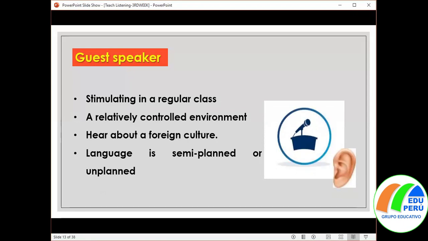And it could be a relatively controlled environment. The teacher could control that. Maybe first he talks with his guest, and they discuss what they are going to talk about. That's why it's a relatively controlled environment. Students have the opportunity to hear about foreign culture, and also the language is semi-planned or unplanned. So notice, this is another source, all right?